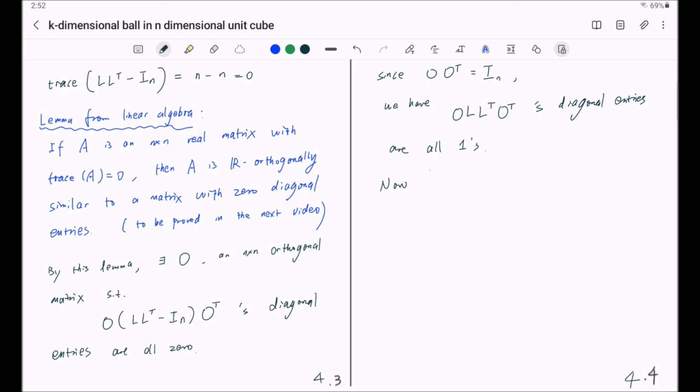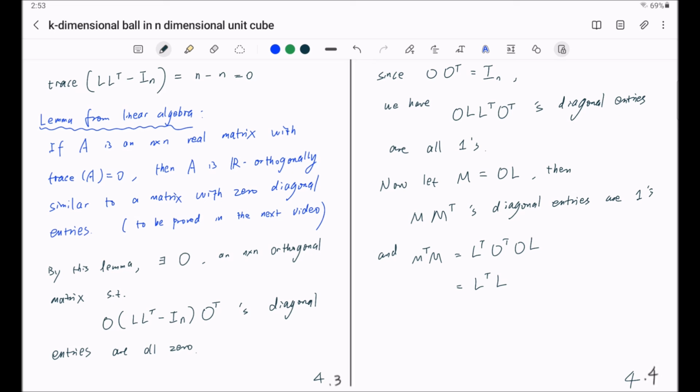Now we take M to be the product of O and L. Then M M transpose has diagonal entries all ones, and M transpose M will be equal to just L transpose L, which is n over k times I_k.